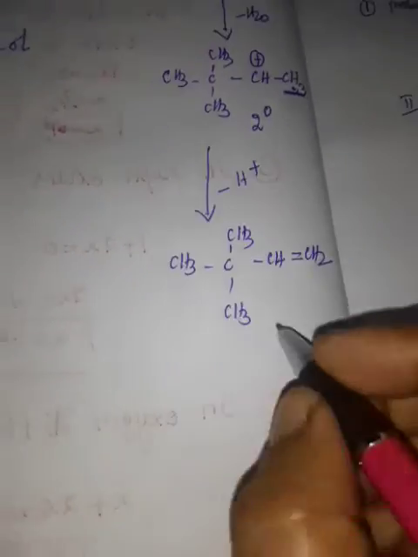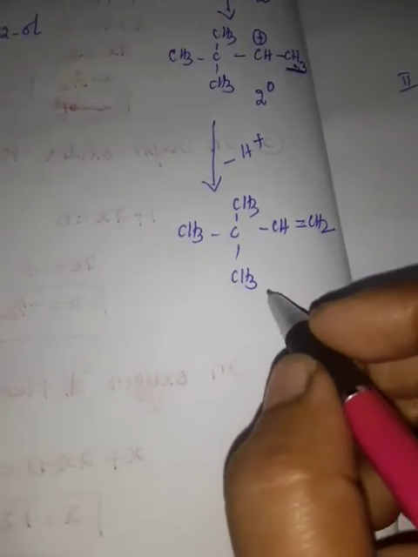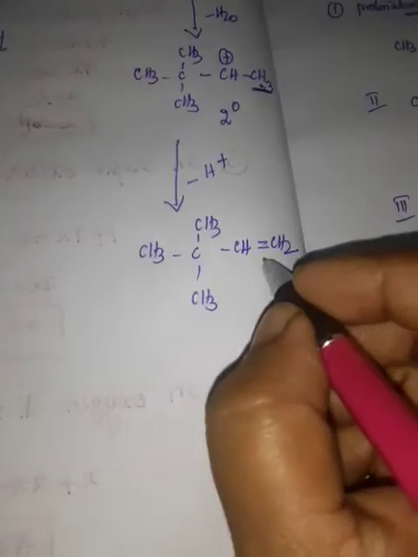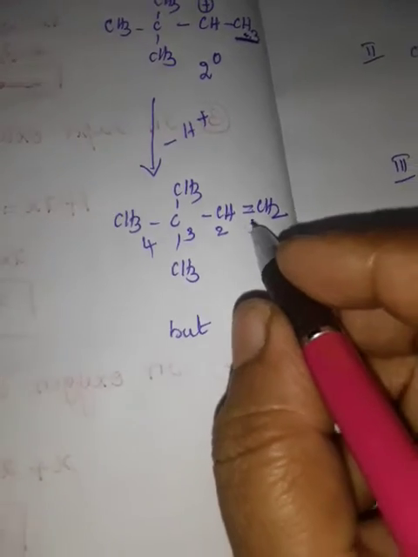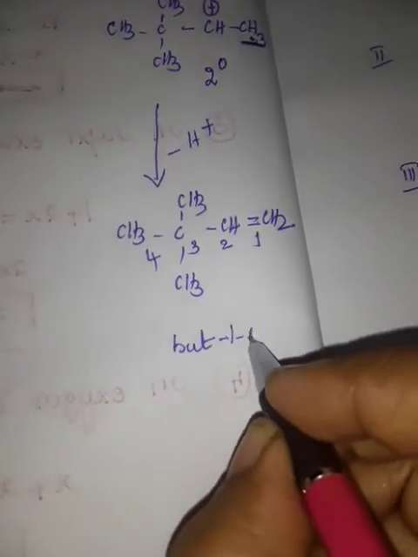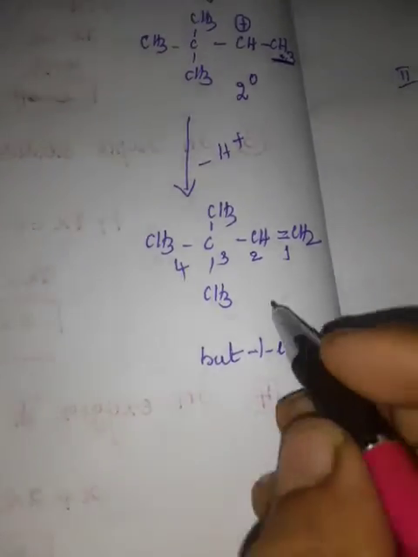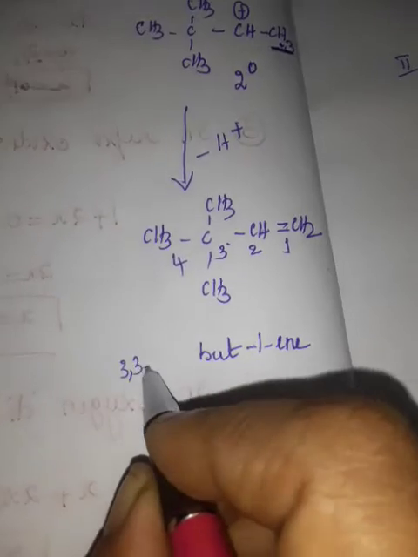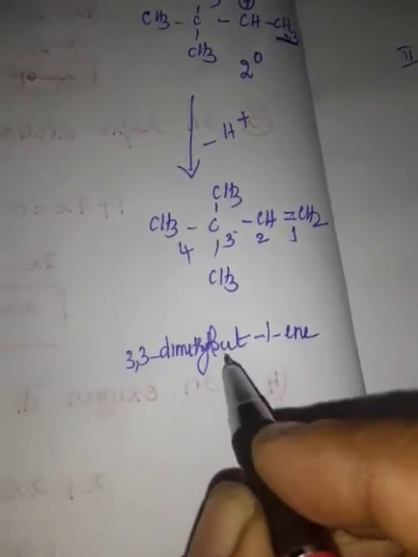So what is the name for this? 1, 2, 3, 4. 4 means but-, double bond. The double bond is present on the first carbon. So but-1-ene. The third carbon has 2 methyl groups. So 3,3-dimethylbut-1-ene.